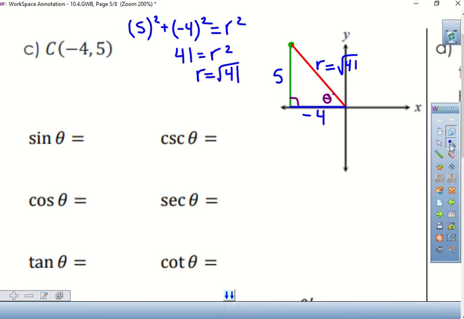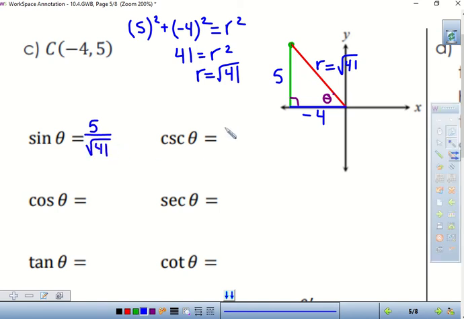So, now that we have that, we're going to do our trig functions. Sine is opposite over hypotenuse. Cosecant is just the reciprocal of that. Cosine is adjacent over hypotenuse. Secant is just the reciprocal.